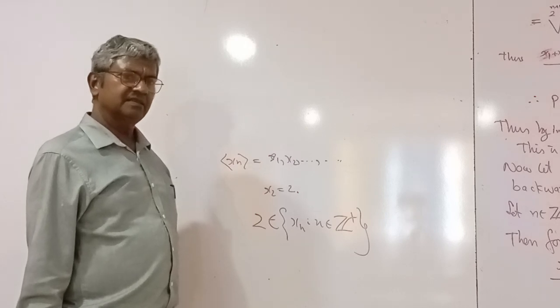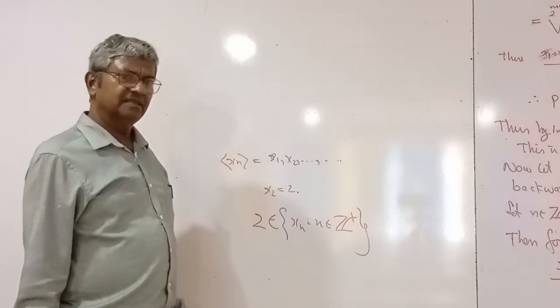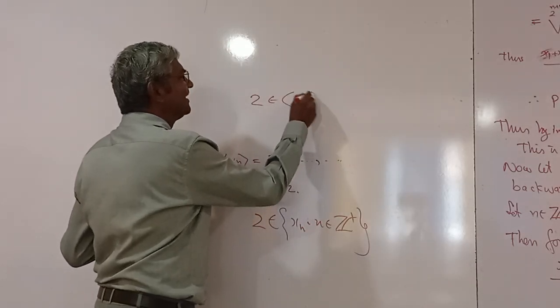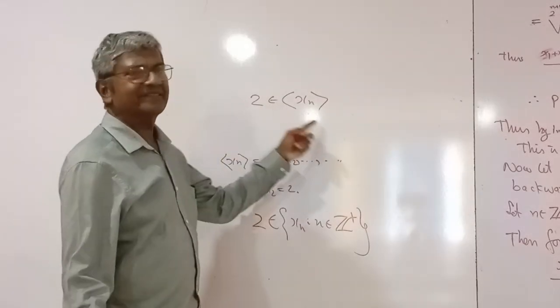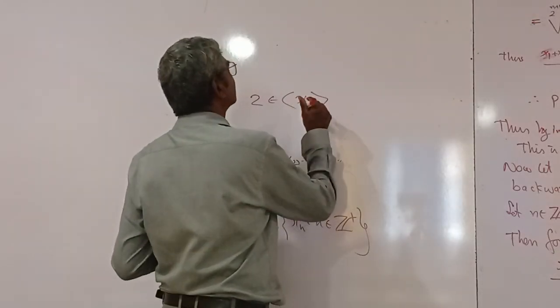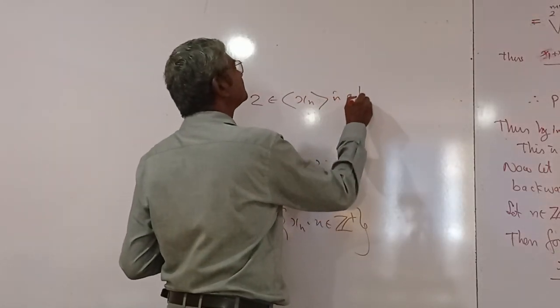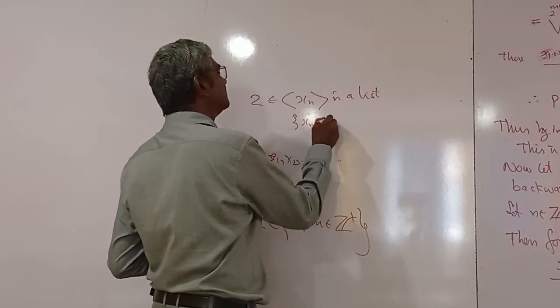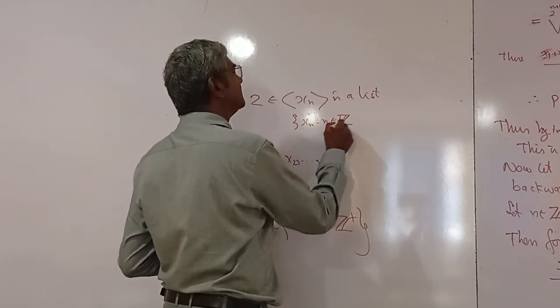You are wondering whether you can write this way? No, a sequence is not a set. This is a list. So if you want to use the element of sign, it has to be a set.